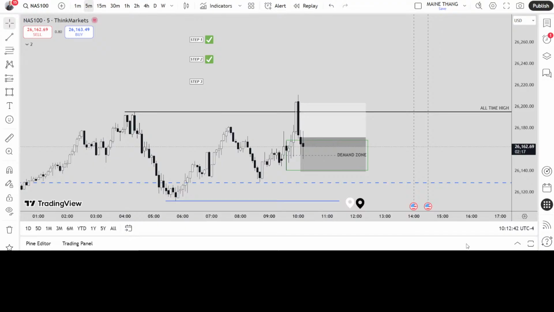$220 on this candle. Minute left on this candle. All right, definitely can enter.